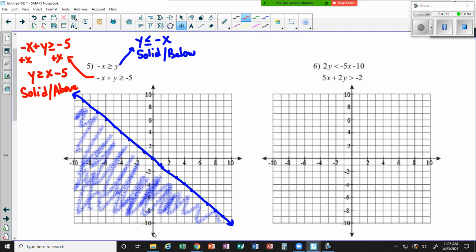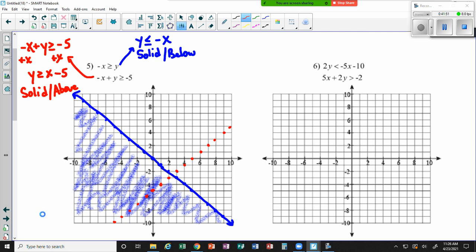Okay, so where do I start my graph at? The y-intercept, which is negative 5. Okay, now what's my slope? 1, so I go up 1, right, it's positive, so I'm going to go up and to the right. Can't go up and to the right, I'm going to go back here and go down and to the left.